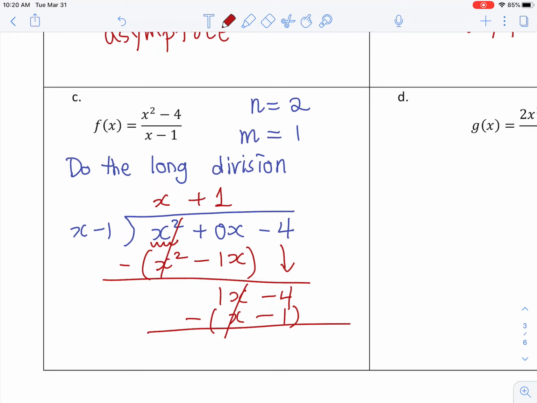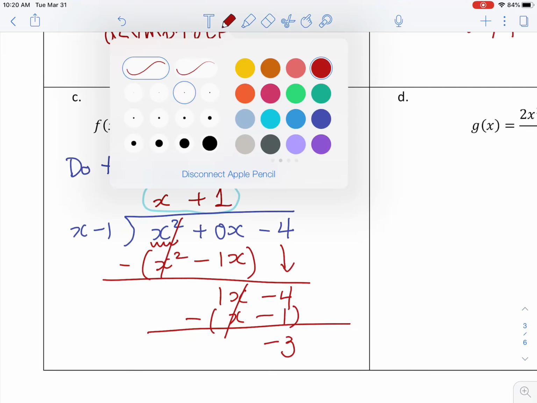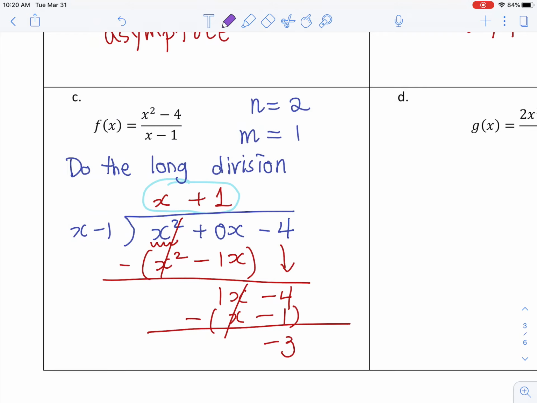Then I subtract these two lines and get 0, and -4 minus -1 turns into -4 plus 1. So the remainder is going to be -3. Now, when you do the slant asymptote, you don't really care about the remainder. The slant asymptote is simply the quotient of this division.